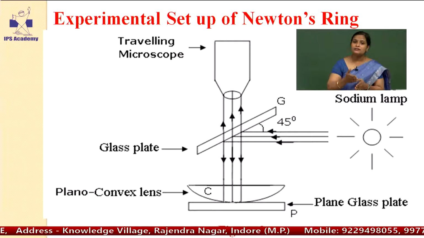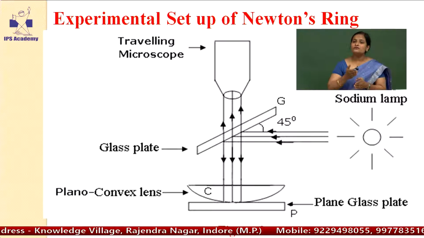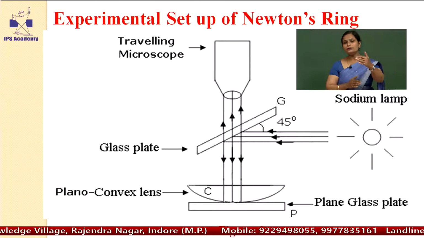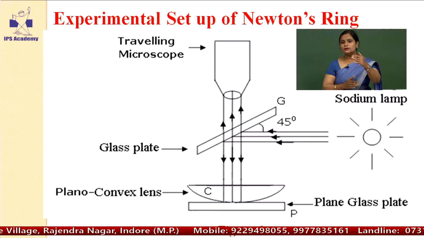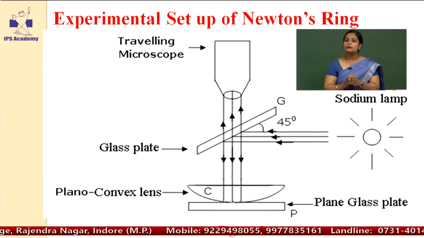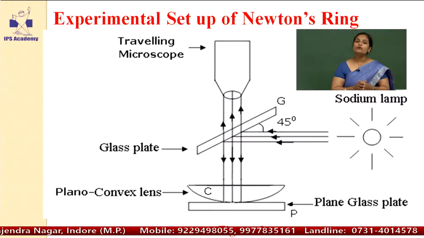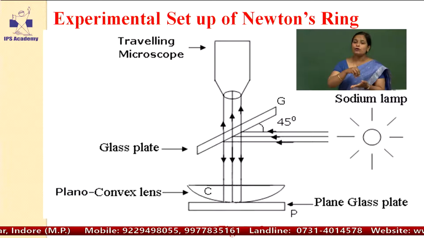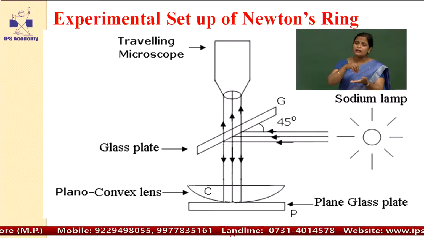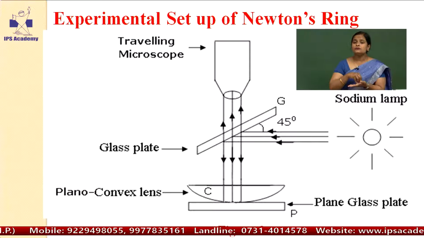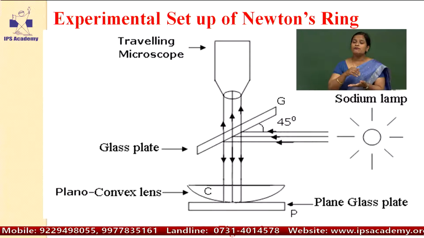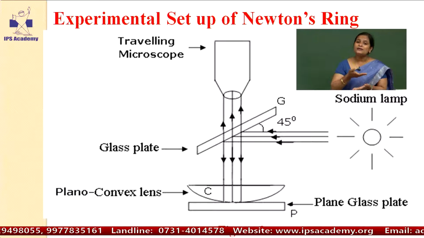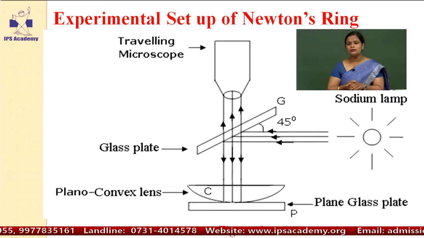After reflection, it will bend towards the plain glass plate and plano-convex lens normally. When the light falls normally to the second medium, the refraction of the light takes place on the same path. I have explained earlier.